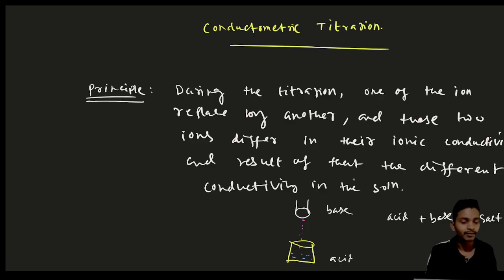Due to this replacement, the ionic conductivity will change, and due to this there will be a change in the conductivity of the solution. That is called conductometric titration. This is the principle behind the titration: the conductivity value of the solution changes by replacing one of the ions with another.